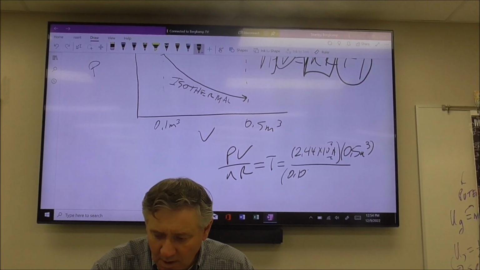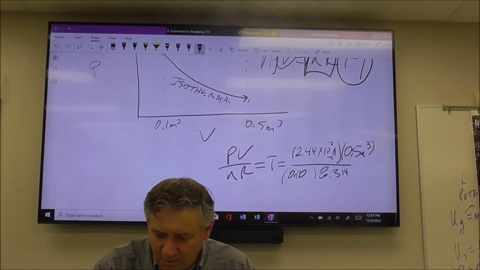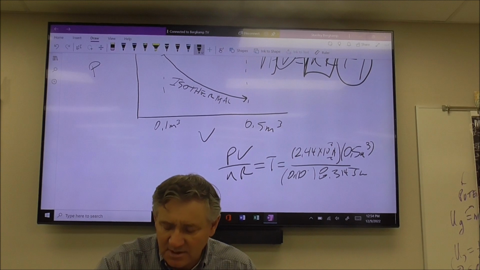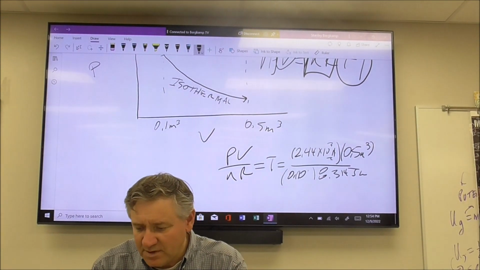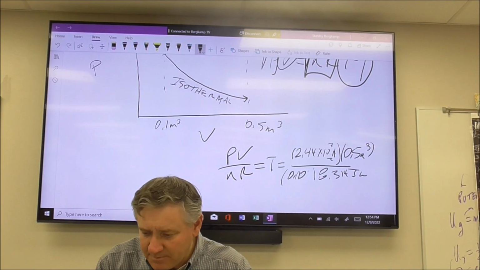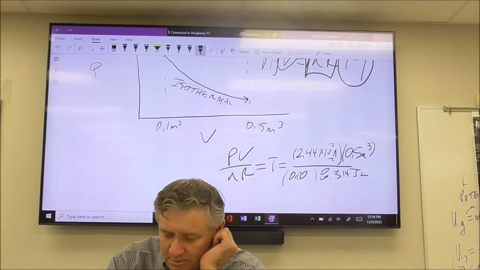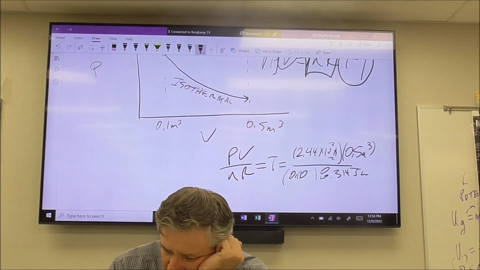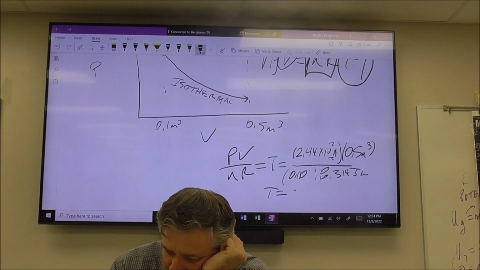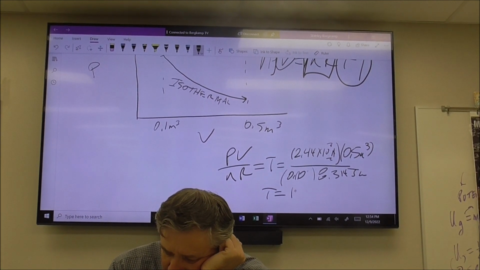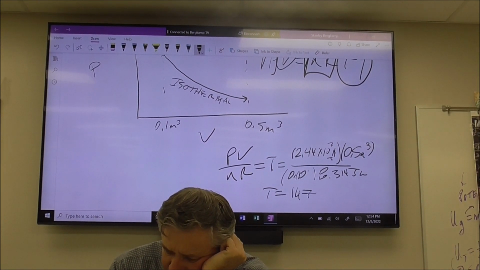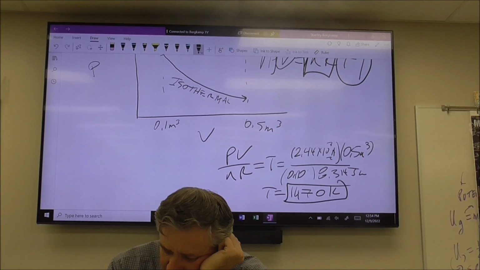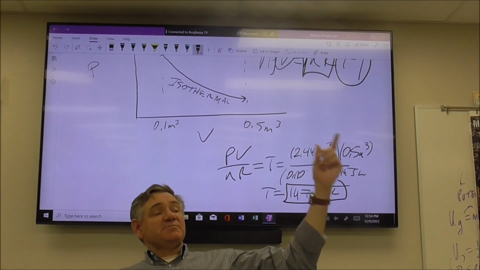Moles is still 0.1. And R is still 8.314 joules per mole Kelvin. So somebody take that: 2440 times 0.5 divided by 0.1 and 8.314. What'd you get? 1.47 times 10 to the third. So 1470 Kelvin.